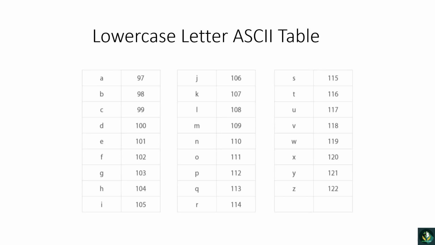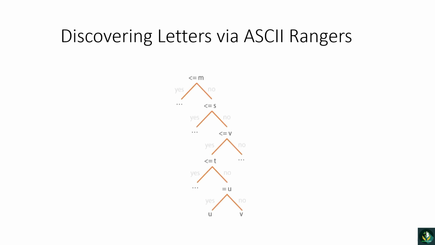Once you start asking the right questions related to the range, for example the first question I want to ask is: is the ASCII value of the first character less than or equal to M?